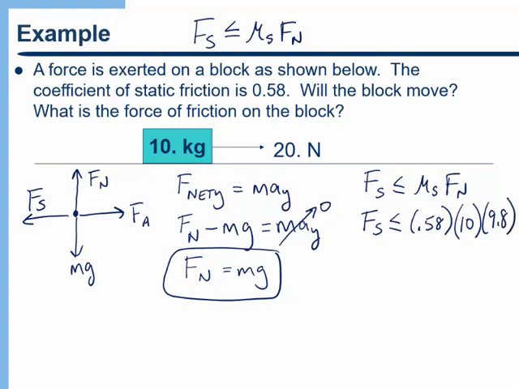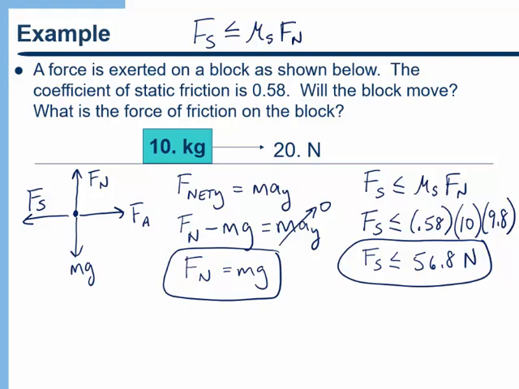And we get that the maximum force of static friction is 56.8 newtons. Now remember, with static friction, what we're calculating there is the maximum value it can have, but it can be anything from 0 up to that maximum value.